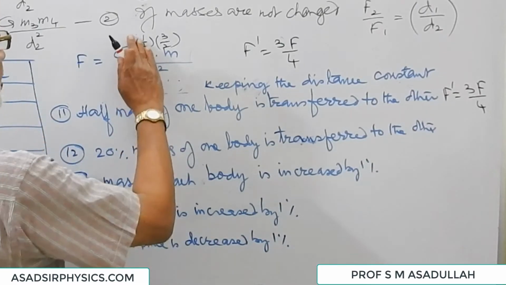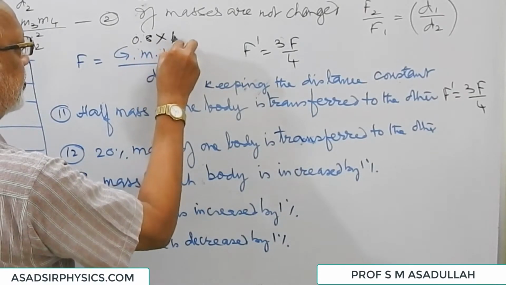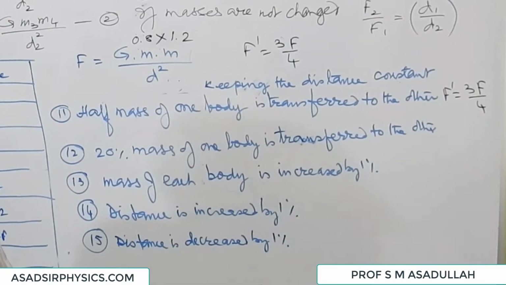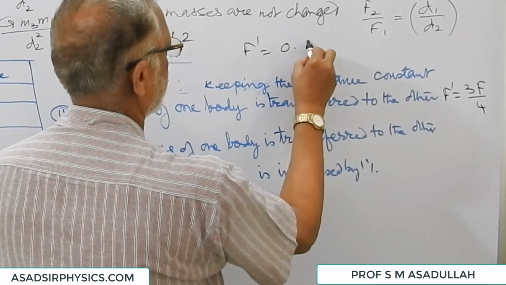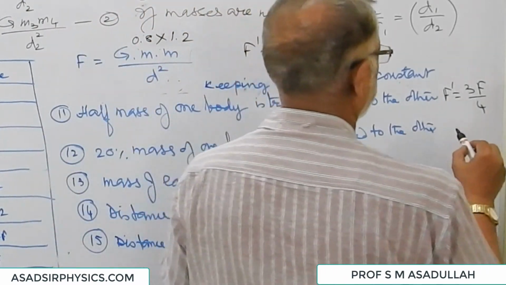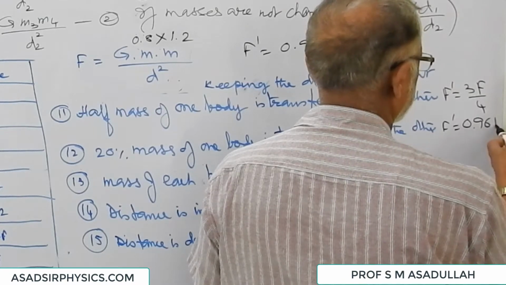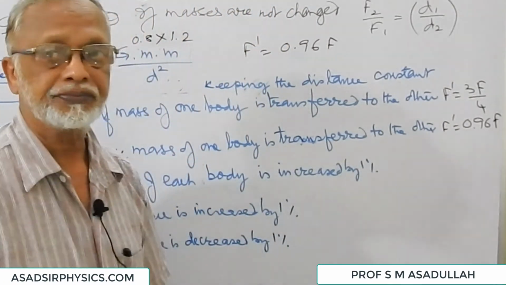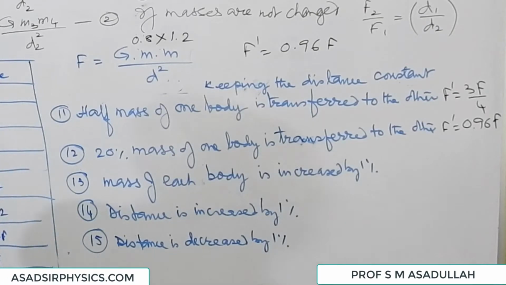This will become 0.8, and this will become 1.2. 0.8 into 1.2, 12 eights are 96. So F dash is equal to 0.96 F. There is a decrease of 4%. 100 minus 96 is 4.